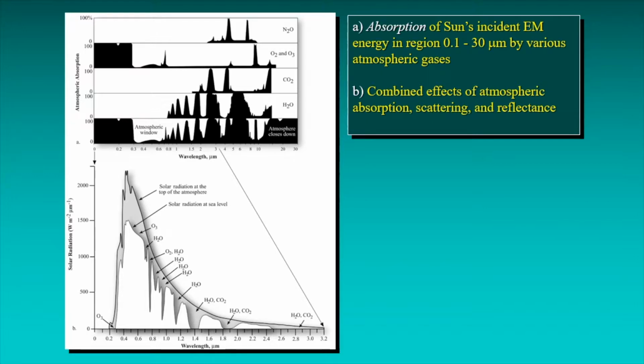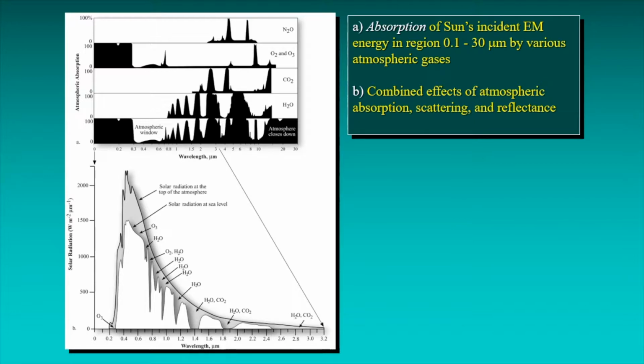figures there. And then on the bottom part, in general, we see the combined effects of atmospheric absorption, scattering, and reflectance. So in the upper figures, we see the absorption characteristics that are associated with N2O, O2, and O3, carbon dioxide, as well as water vapor.